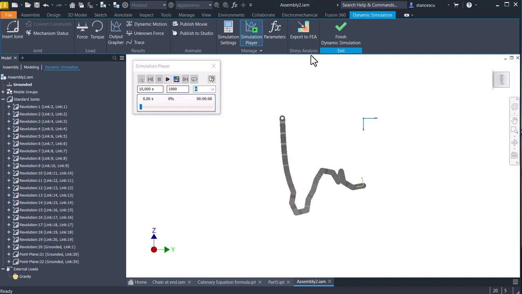Then I launched the run, which took a long time, almost 13 minutes.